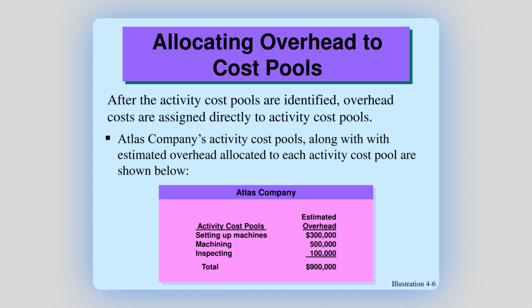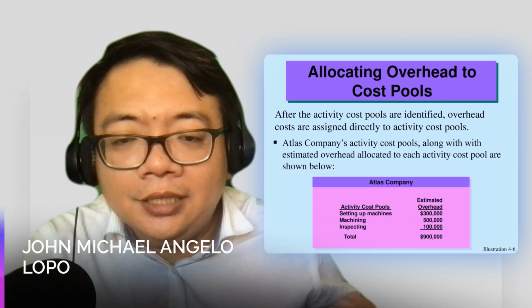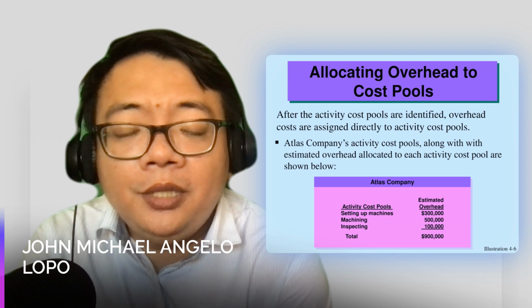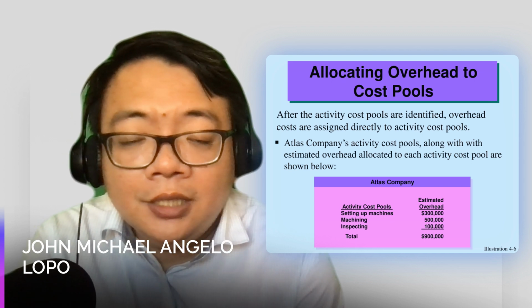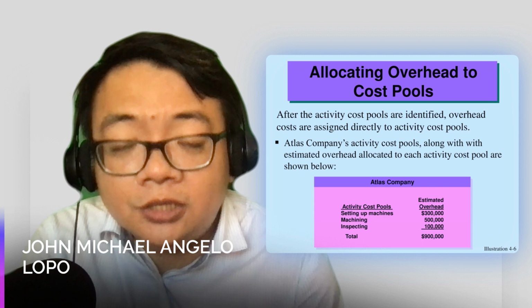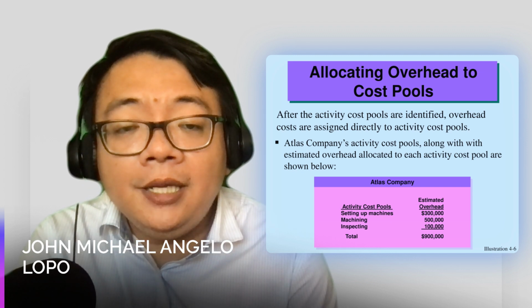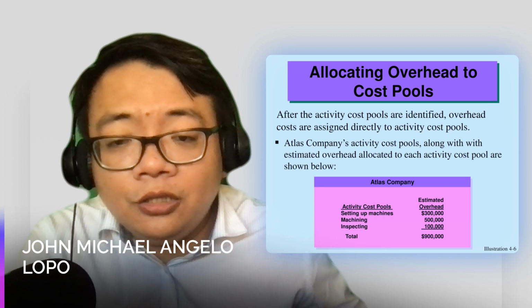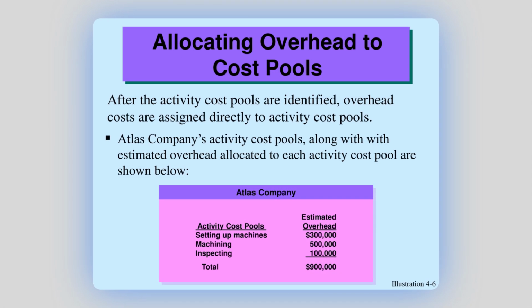Allocating the overhead cost pool. Class, let's go back to our earlier discussion in computing for our predetermined overhead rate. The formula for that is estimated annual overhead cost, which is 900,000, divided by your activity cost driver. Here, the 900,000 is to be classified in terms of activity cost pool.